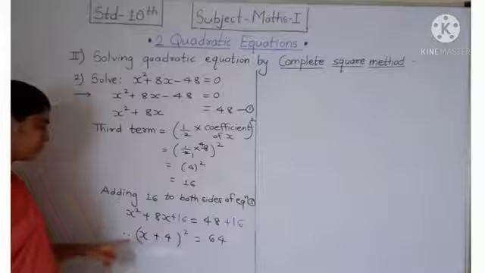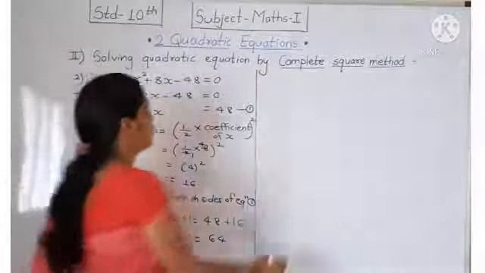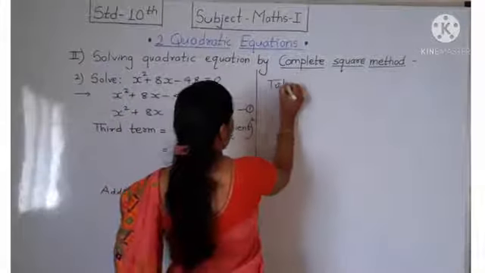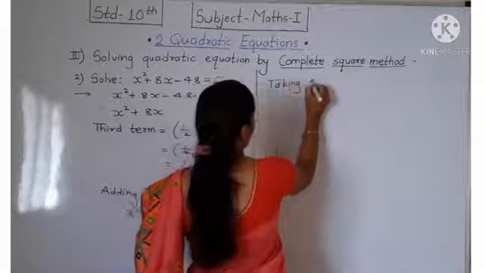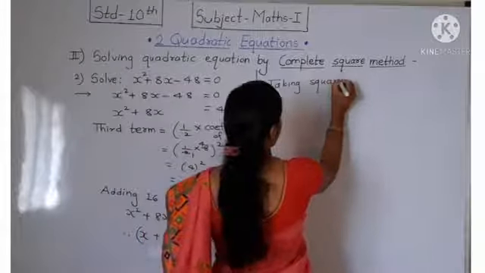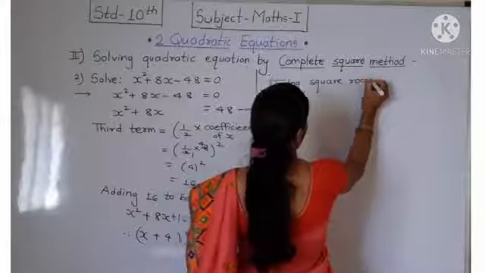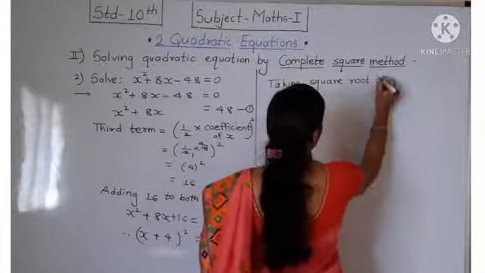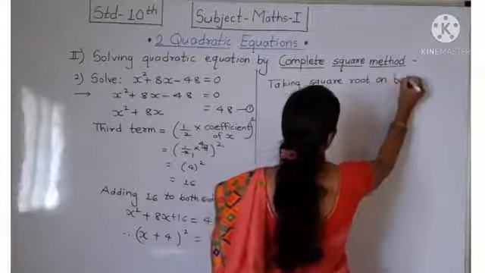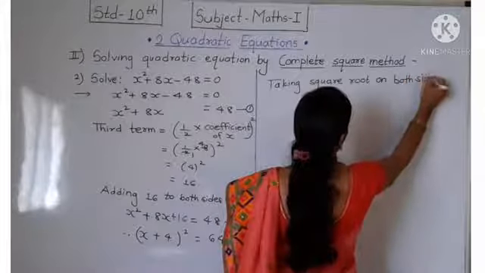64. Okay. Taking square root on both sides.